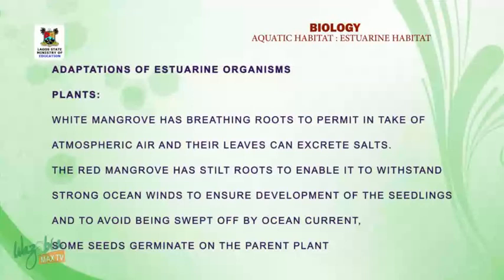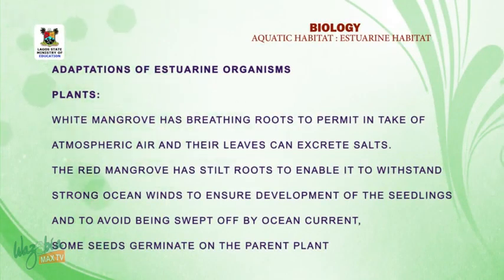It is also to ensure development of the seedling and to avoid being swept off by ocean currents. So these stilt roots enable them to withstand strong ocean winds, to ensure development of the seedling and to avoid being swept off by ocean currents.